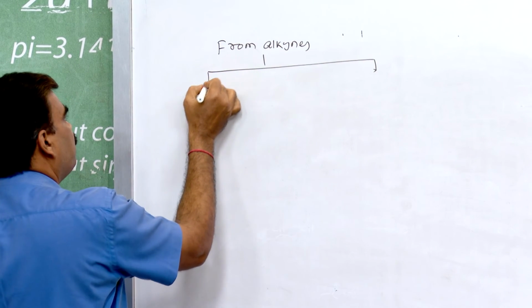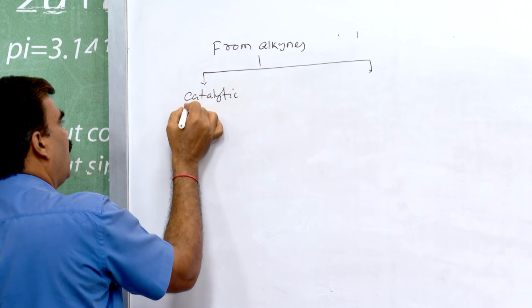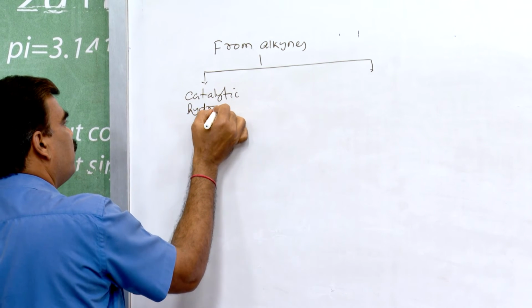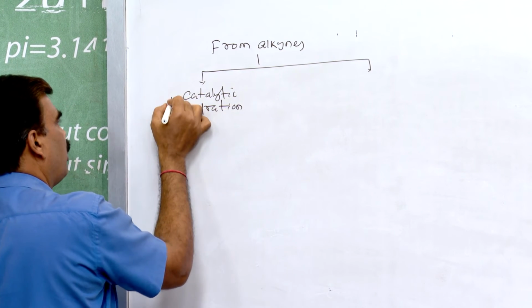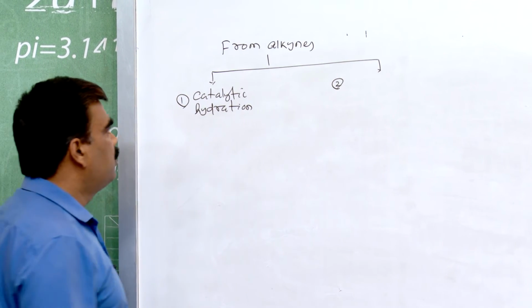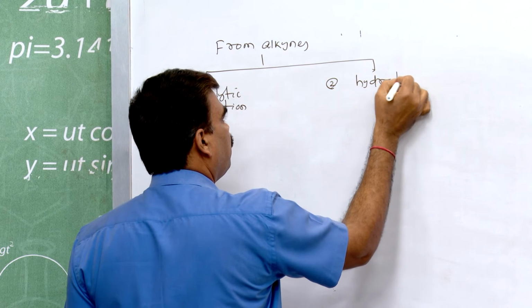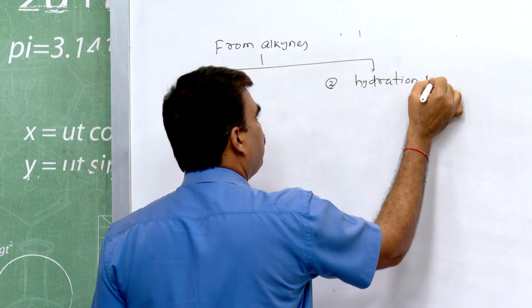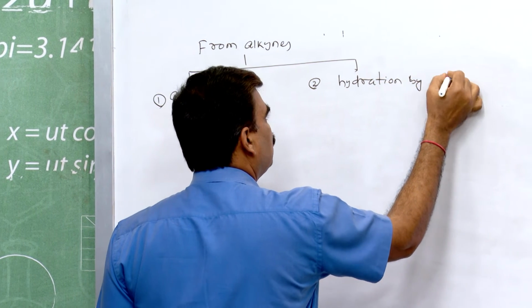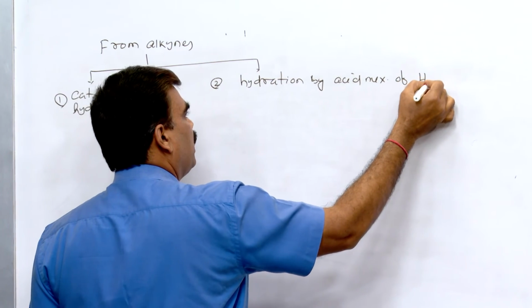Number one is your catalytic hydration, number one. Number two is your hydration by acid mixture of mercuric sulfate.